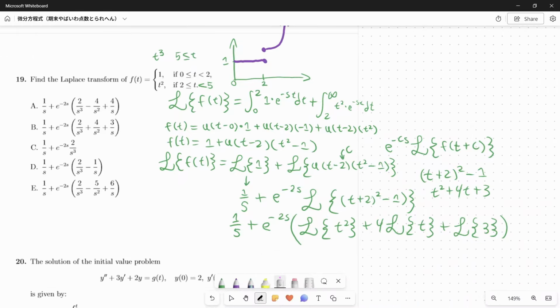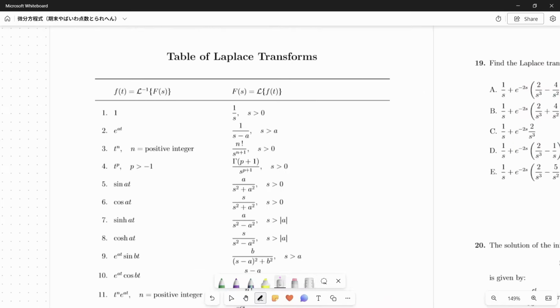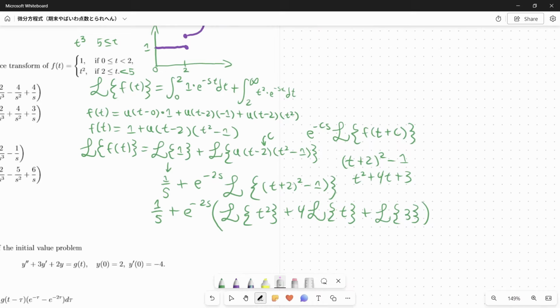And so looking at the first case, that's going to correspond to scenario 3, so t to the n. We know that n is going to be 2 here, so this is going to turn into 2 over s cubed.